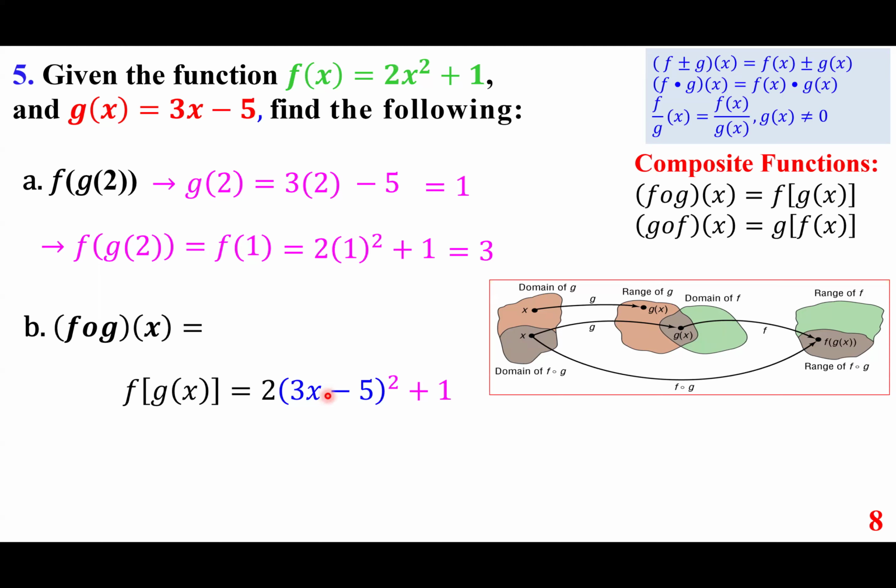So we need to square this, reminding everyone that a plus or minus b squared is a squared plus or minus 2ab plus b squared. We want the top one, a minus b squared. You square this one, you get 9x squared. You multiply these two and then times 2: 2 times 3, 6x times 5, 30x, and you use a negative sign. So minus 30x, and then this is 25.